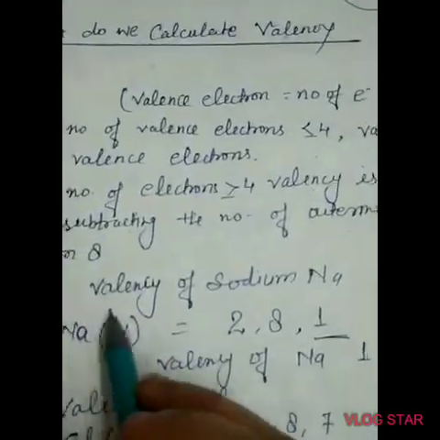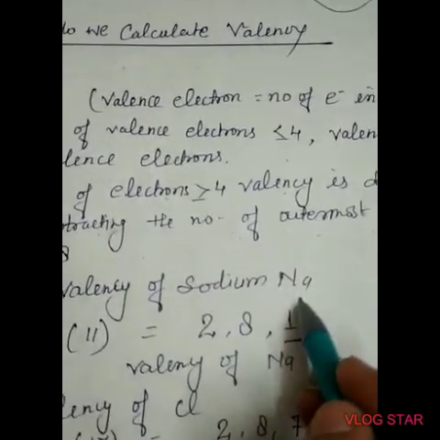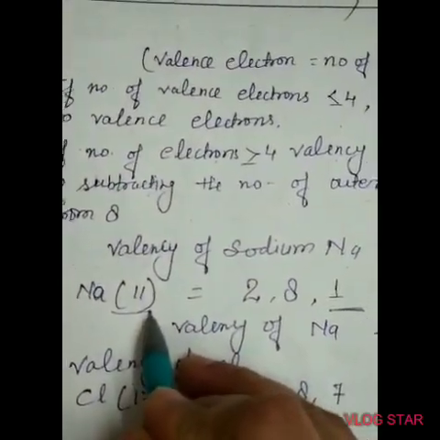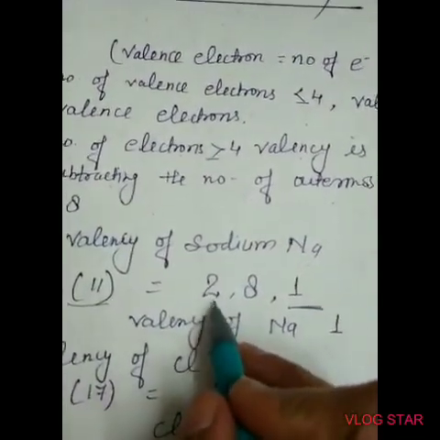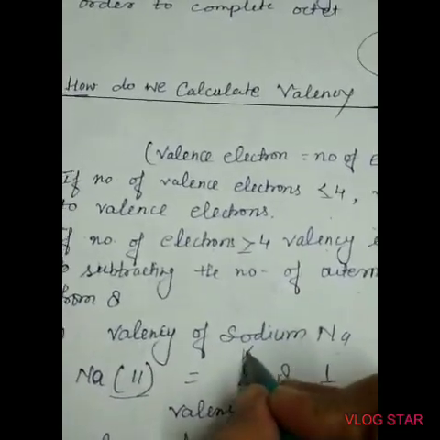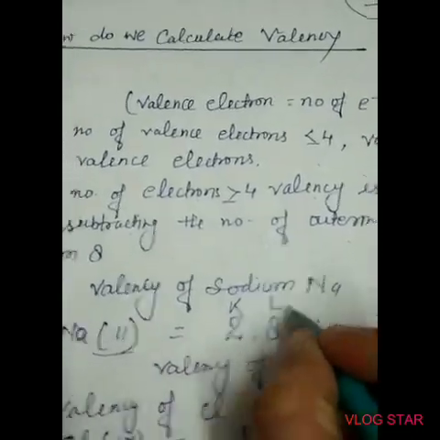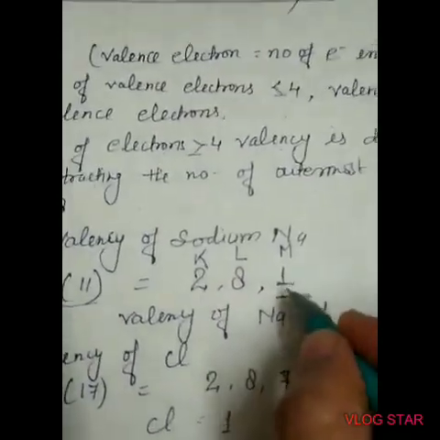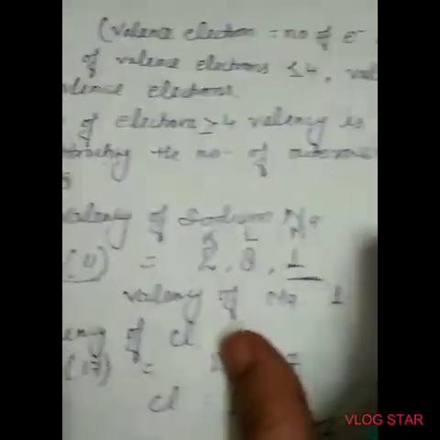Let's take an example of sodium. What is the atomic number of sodium? It is 11, so the electrons will be 11. Now write the electronic configuration. In the K shell we can fill 2 electrons, in the L shell 8 electrons, and the M shell needs only 1 electron. So 2, 8, 1, which makes 11. Electrons are completed.